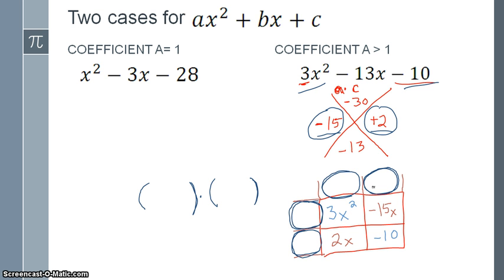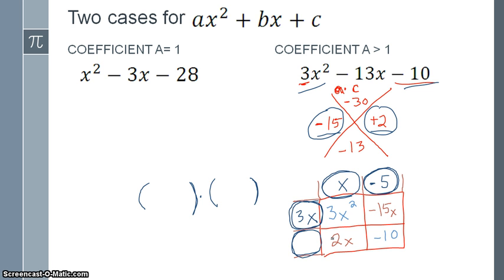So what we now do is factor in both columns and in both rows. In this column I have negative 15x and negative 10. So what factors there is a negative 5. Here we have 3x squared and 2x, so the only thing I can factor out is an x. Going this way, I can factor out a 3 and an x, 3x squared and negative 15x.